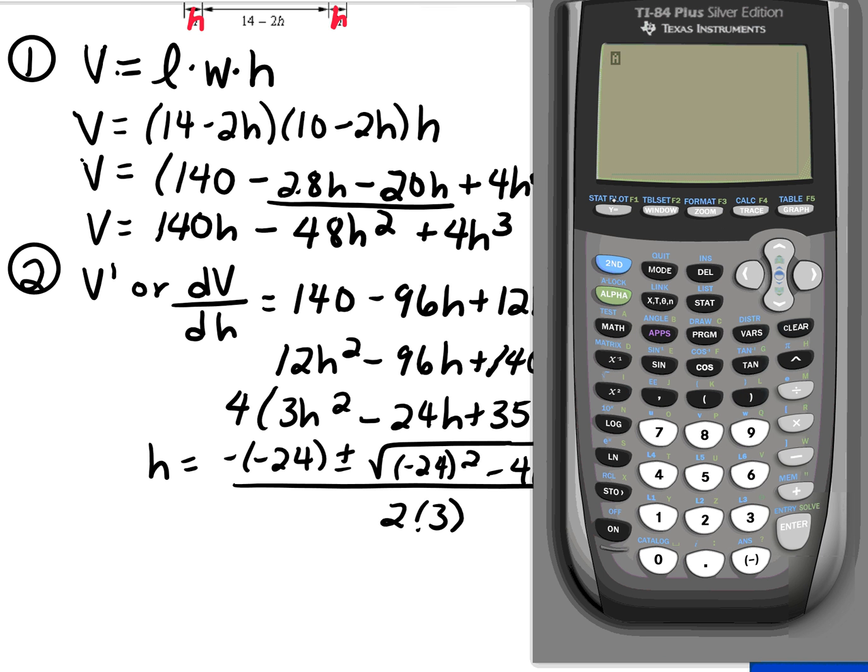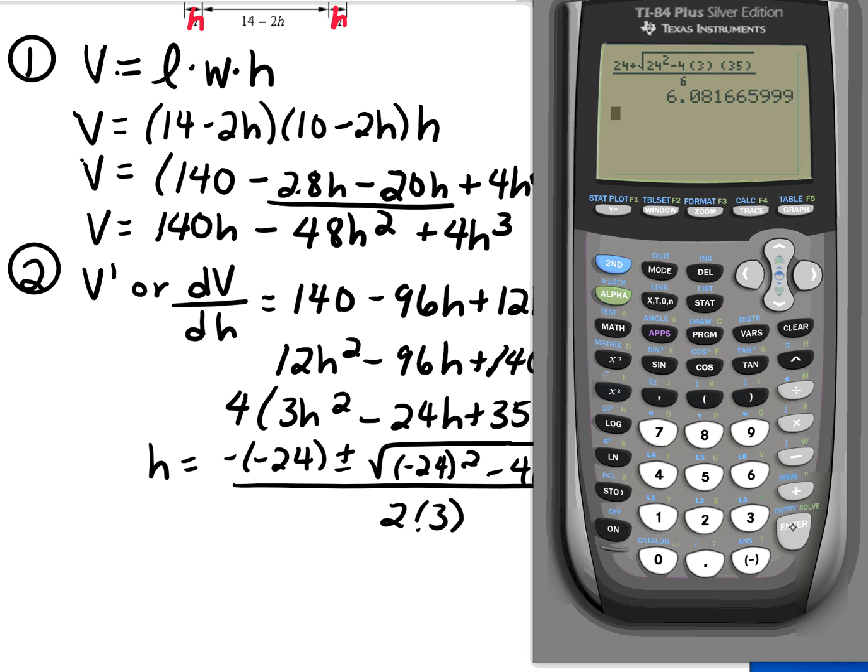So I'm going to do alpha y equals. I'm going to just switch this to a positive 24. It's just easier. So I made some edits on this, so that was a little quicker to type in.